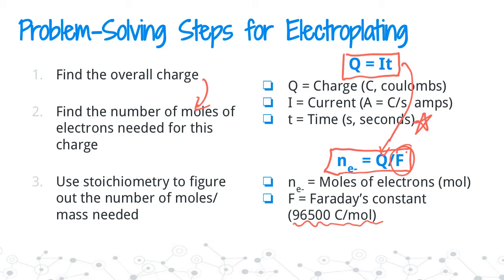Once you figure that out, you're then going to use stoichiometry to figure out the number of moles and the mass that's produced of that particular metal. So let's take a look at an example problem and see how we apply these equations.